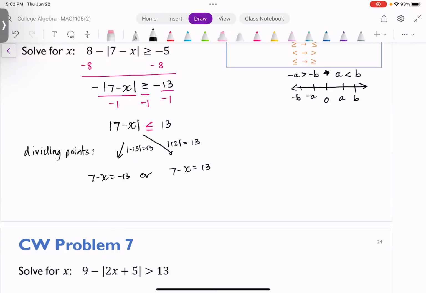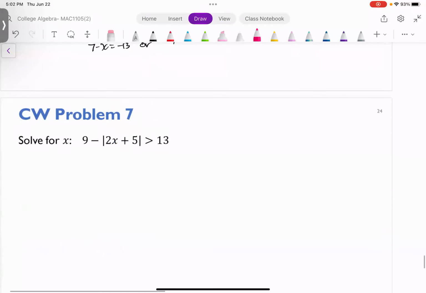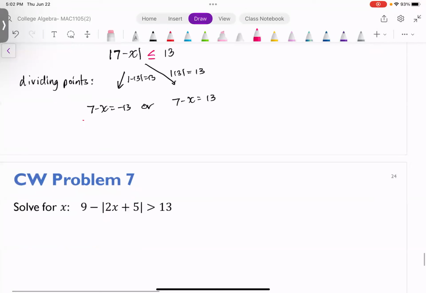So I'm going to go ahead and solve these 2 equations. I'm going to subtract 7 from both sides of the equal sign in both equations, giving me negative x equals -20, or negative x is equal to 6.